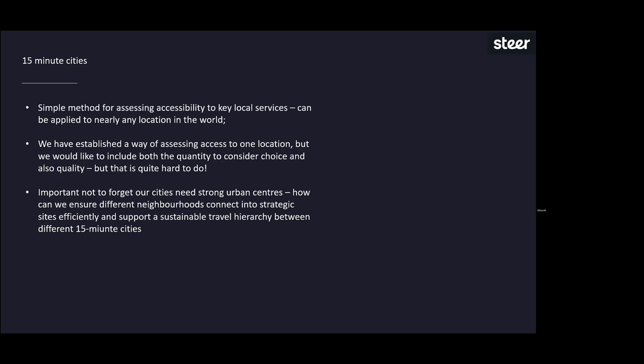So having access to good public transport networks is a fundamental part of 15-minute cities to enable that travel hierarchy, so you can get to other 15-minute neighborhoods without driving, and also look for employment opportunities and employment centers, and also access to the more strategic services. So I don't know, things like airports or hospitals or things like that. Things that you might not need every day, but it's nice to get there by public transport every now and then when you need them.